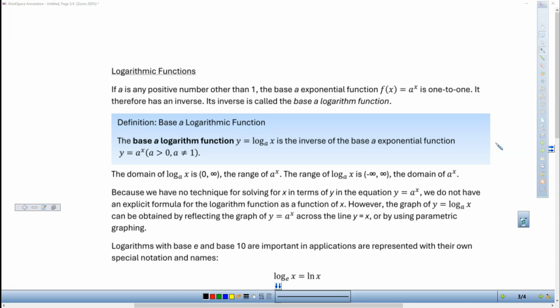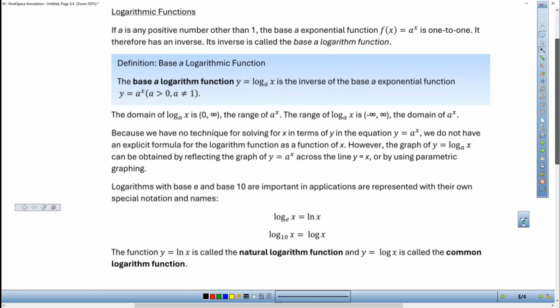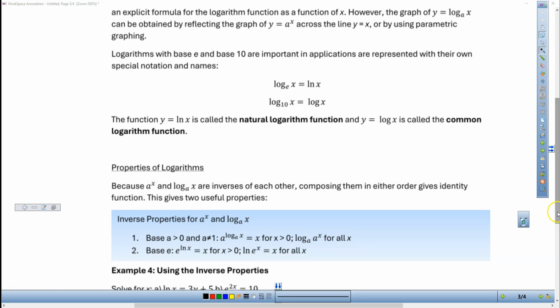Another thing to keep in mind is that logs with either base e or base 10 are important in various applications and have their own special notation and names. Log base e of x is the natural log of x, or the natural logarithm. Log base 10 of x we often show as just log x, or the common logarithm function.